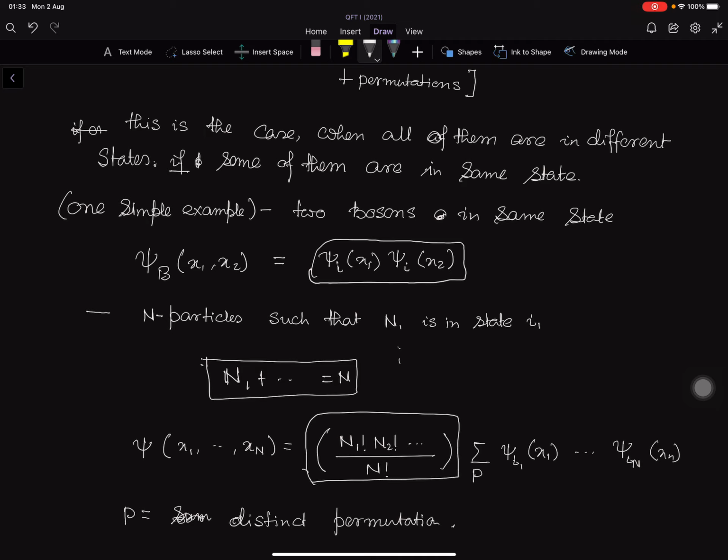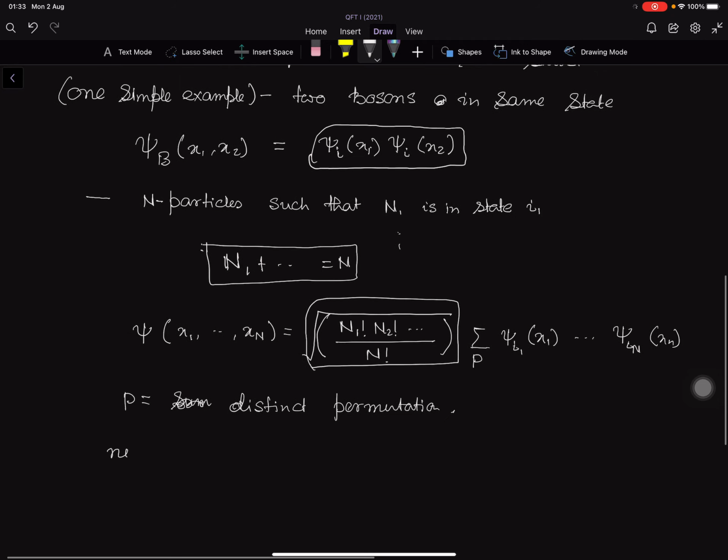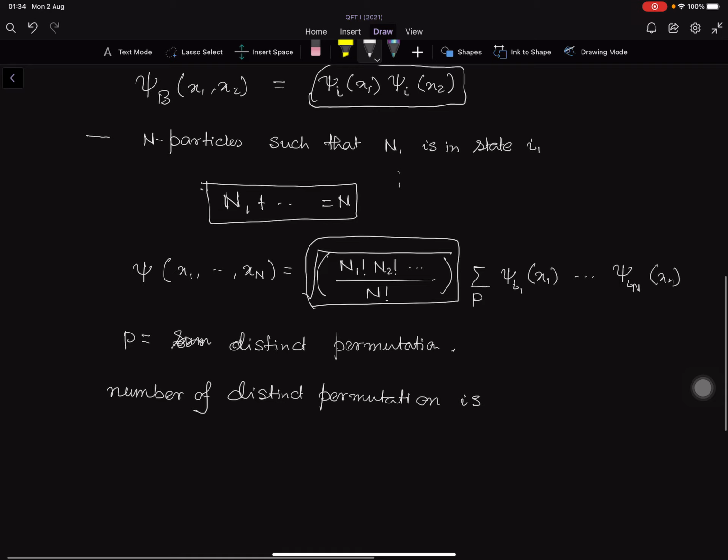Okay, so there is a square root here, and in this case this is the number of distinct permutations, and hence the square root of the inverse of this factor appears in the normalization.